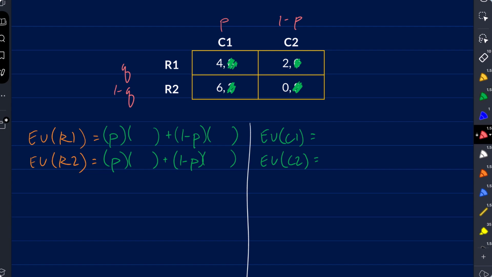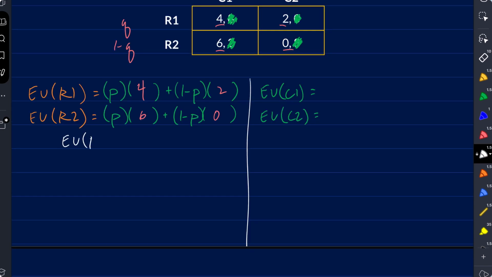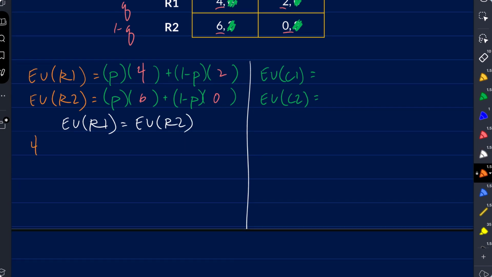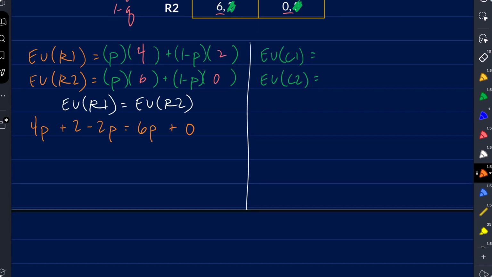So for R1, P times 4, 1 minus P times 2, and then 6 and 0. Okay, that's all going to be 0. So let's see here. This is going to be 2P plus 2 equals 6P.